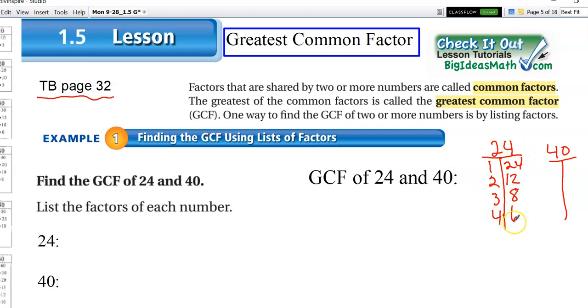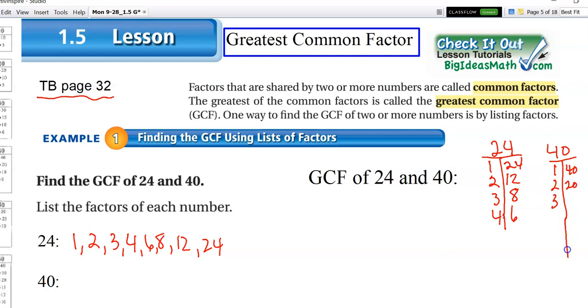Those are all my factors of 24. So now I can list them in order from least to greatest. 1, 2, 3, 4, 6, 8, 12, 24. And then I could do the same thing with 40, 1 times 40, 2 times 20.